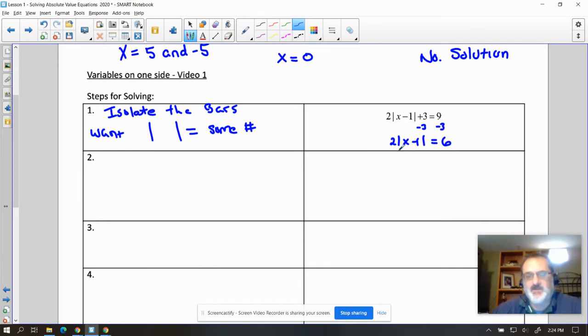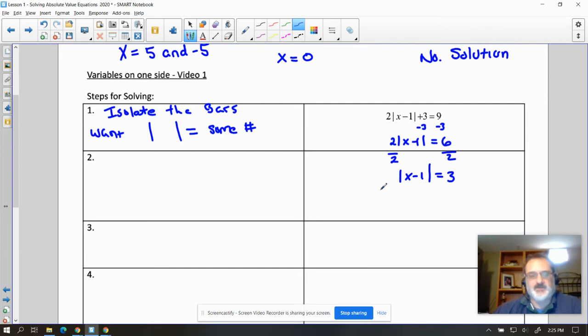Now I'm going to isolate the bars a little bit further by dividing both sides by 2. The absolute value of x minus 1, still in the bars, comes down equal to 3.